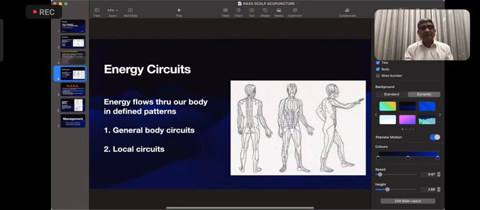Now, energy flows through our body in defined patterns. So there are general body circuits which cover the whole body, and then there are local circuits. This differentiation is important. General body circuits, as you see in the diagram, cross the pathways through the whole body, and there are local circuits, microsystems.